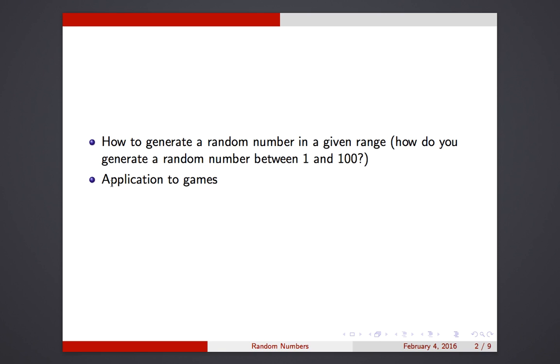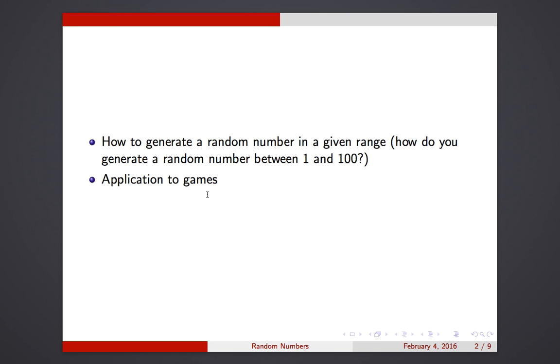So let me just say that it may not be immediately obvious why being able to simulate randomness is important, but it is incredibly important. And in particular, if you think about writing game programs, it perhaps is obvious why. Any sort of card-playing game, you have to shuffle the deck of cards, right? And that involves some sort of randomness.